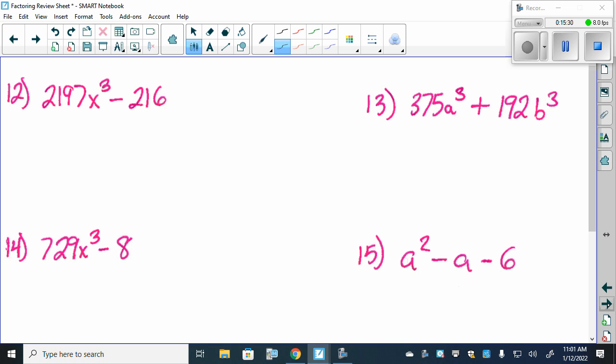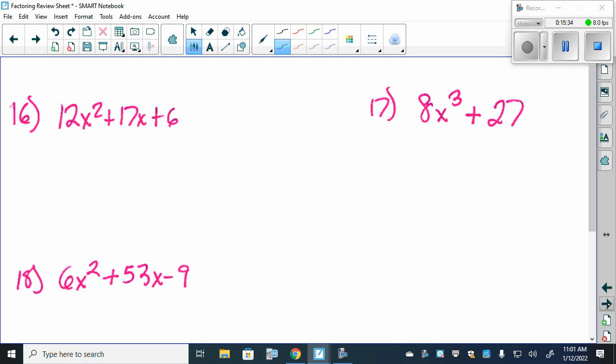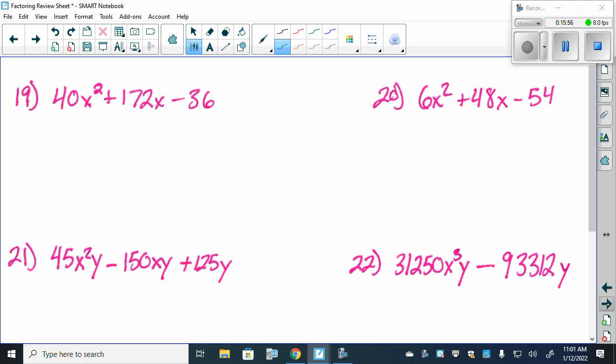Feel good with 12 through 15? All right. Questions on 16 through 18. 16, 17, or 18? Any questions on any of these here? All right. Questions on 19, 20, 21, or 22?